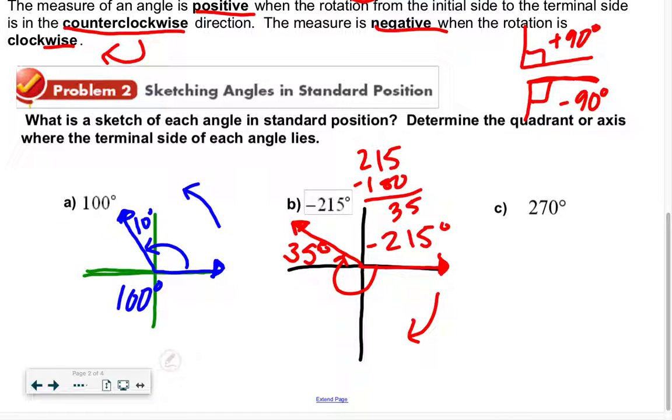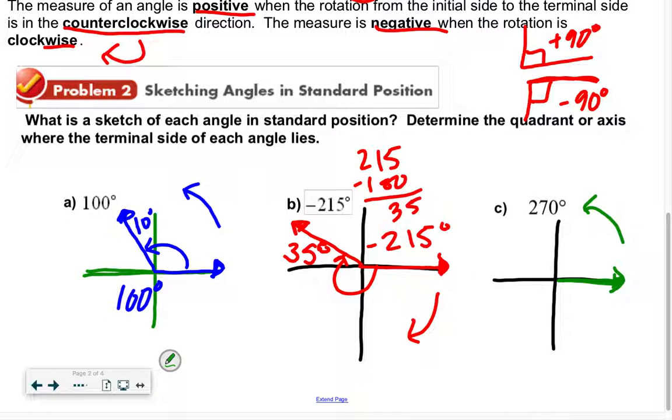Okay. Then we got 270, again starting standard, my starting side. My 270 is positive, so am I going counterclockwise? Am I bringing it up first, or am I bringing it down first? Negative is clockwise. Counter, bring it up. So we're going this way.